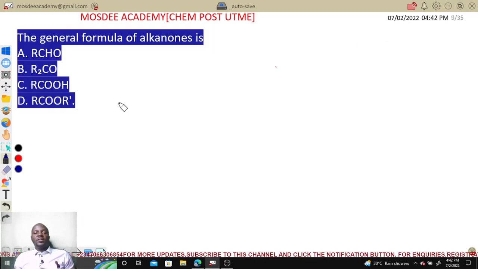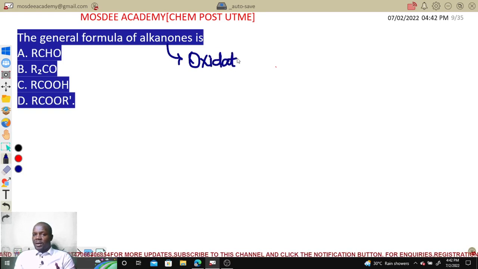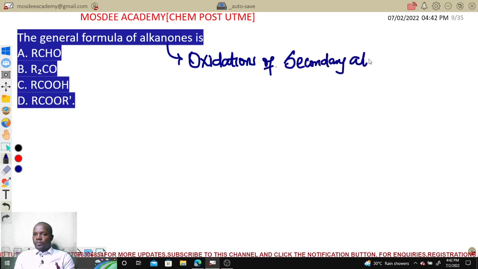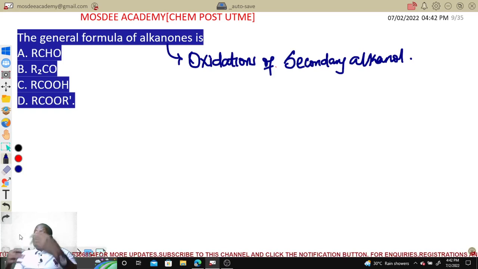But the next question says, the general formula of alkanones is dash. Now, a quick concept about alkanones. Alkanones are products of oxidation. They are formed by oxidation of secondary alkanols. In your physical chemistry or inorganic chemistry, you've also studied oxidation in terms of addition of oxygen and the removal of hydrogen.